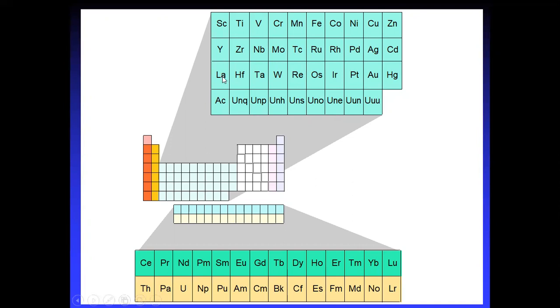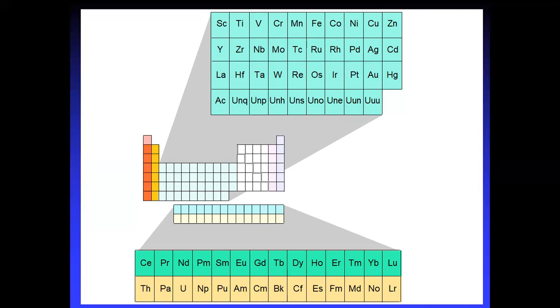From lanthanum, La, to mercury, the differentiating electrons enter the 5d series. The 14 elements between lanthanum and hafnium involve the filling of the 4f orbitals.